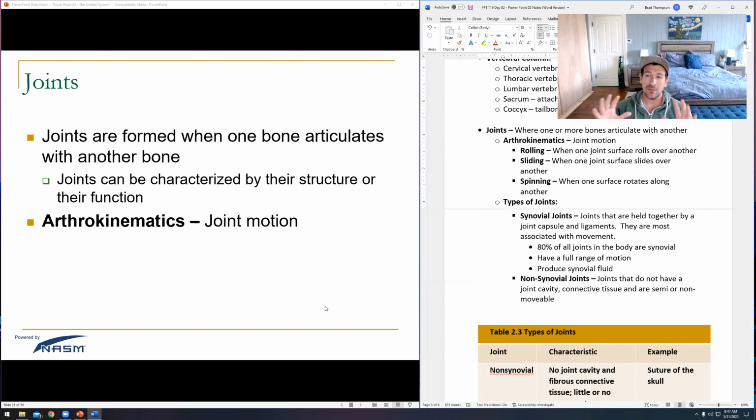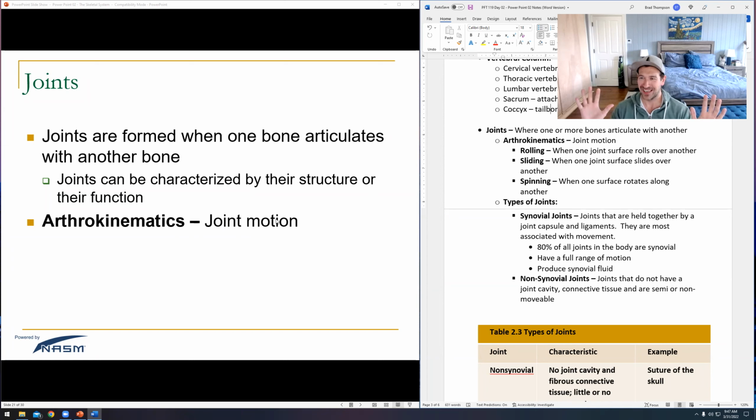But there are going to be three major types of what we call arthrokinematics, which is my least favorite term in biology. It is so dumb. Sixteen letters, eleven letters.